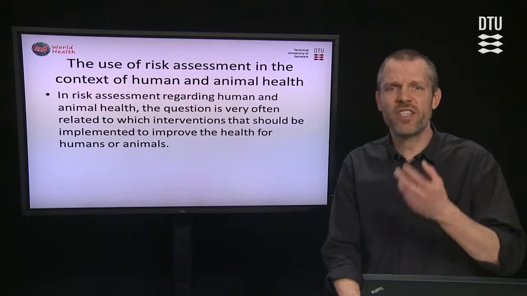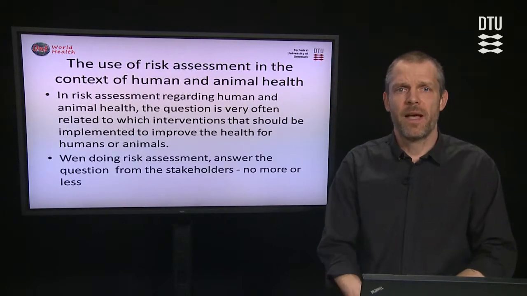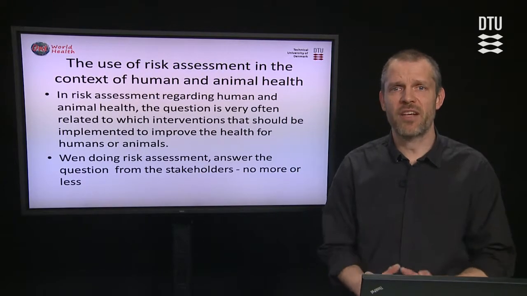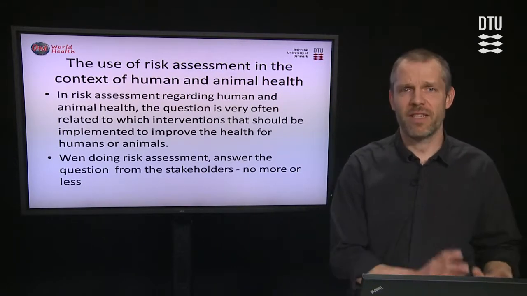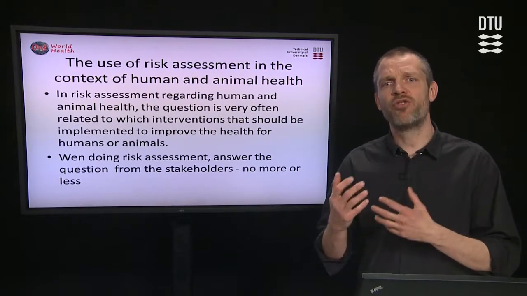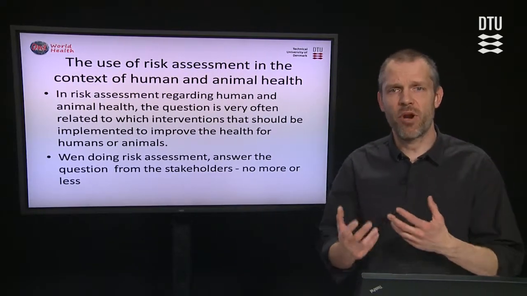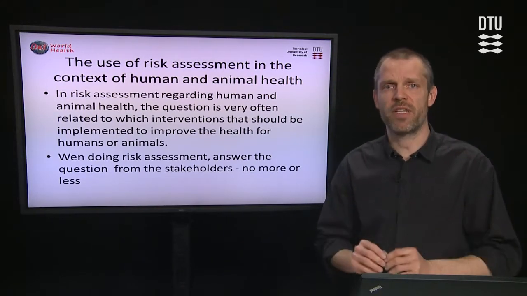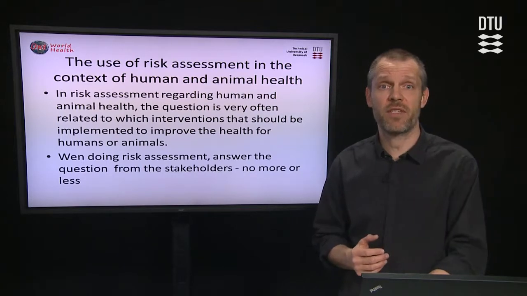So there is a question you need to answer. When doing risk assessment, answer the question from the stakeholders, no more or no less. It's very important to stick to the question, and to have good communication with the stakeholders and the problem they are struggling with. So the risk assessment has a purpose, and the purpose is to answer a question from the stakeholders.